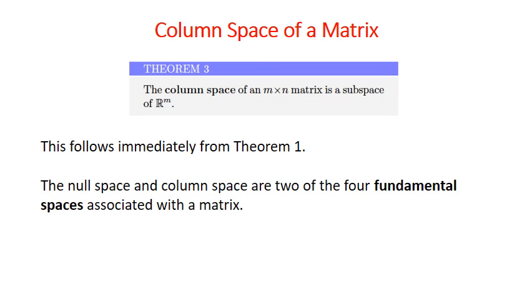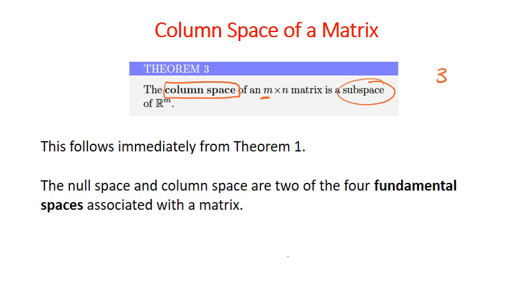This leads to a theorem that we will see very frequently, and it's very similar to the first theorem, but now referring to the column space of an m by n matrix, the subspace of Rm.